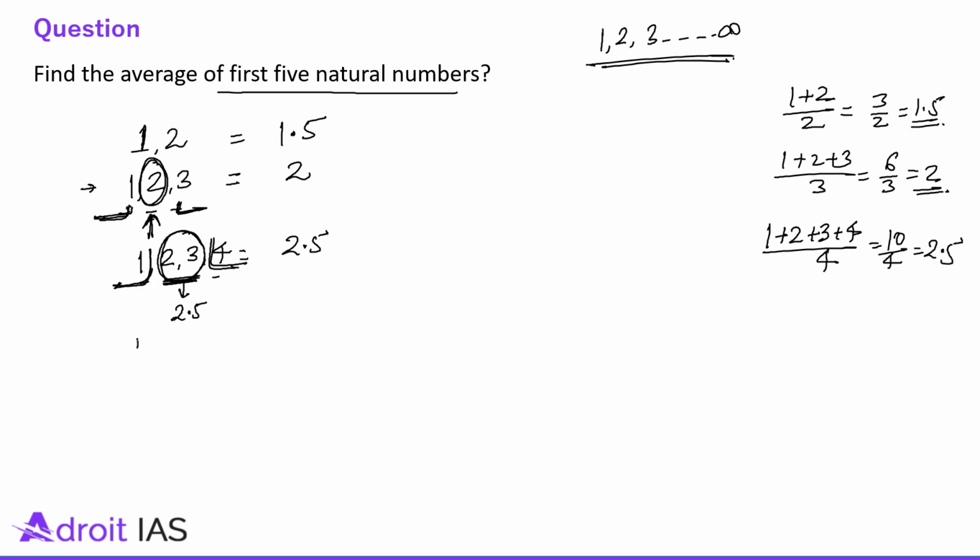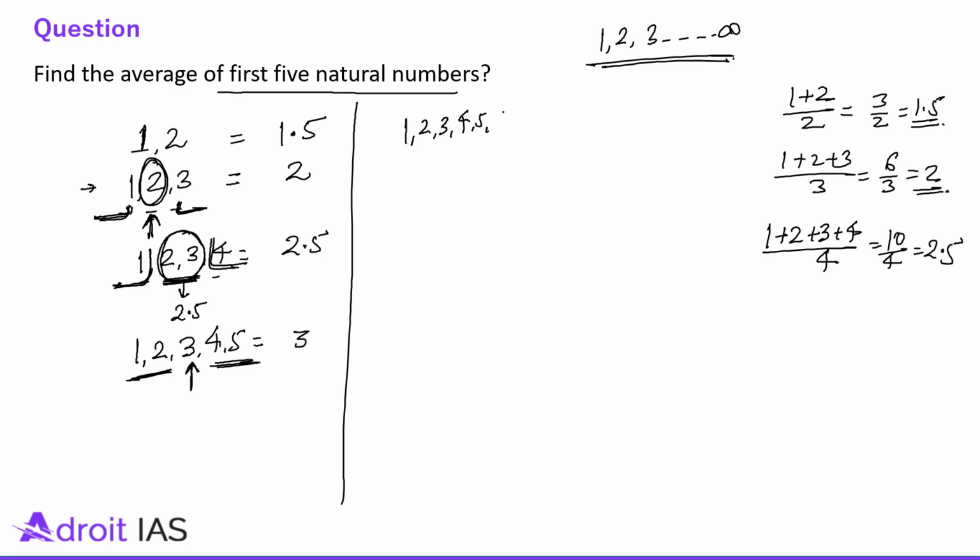Now if we need to find the average of 5 consecutive terms, here we can find exactly the middle term. Just remove 2 terms from here, 2 terms from here, and exactly the middle term will be the average of the entire series, which is 3. Again, let's say we need to find the average of 1, 2, 3, 4, 5, 6, 7, 8, 9. 4 terms from here and 4 terms from here will be removed.